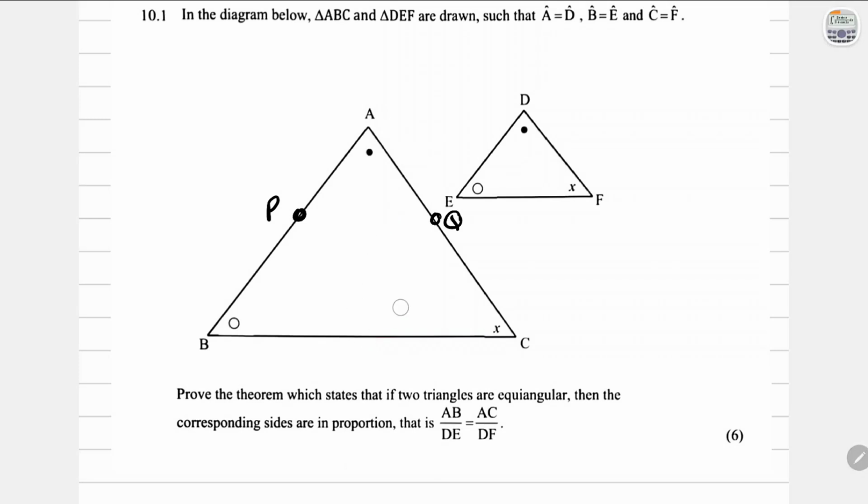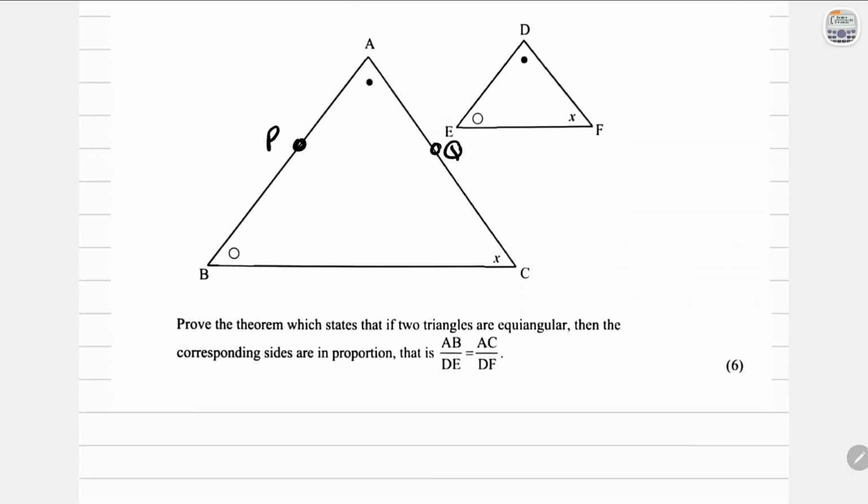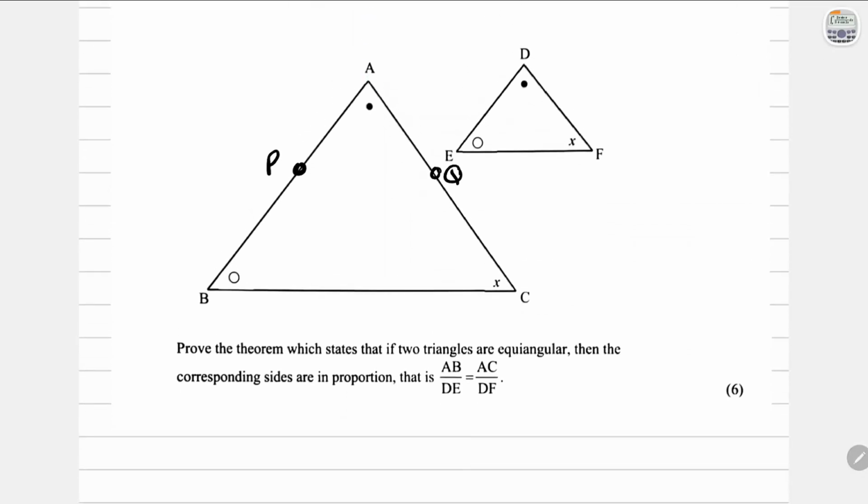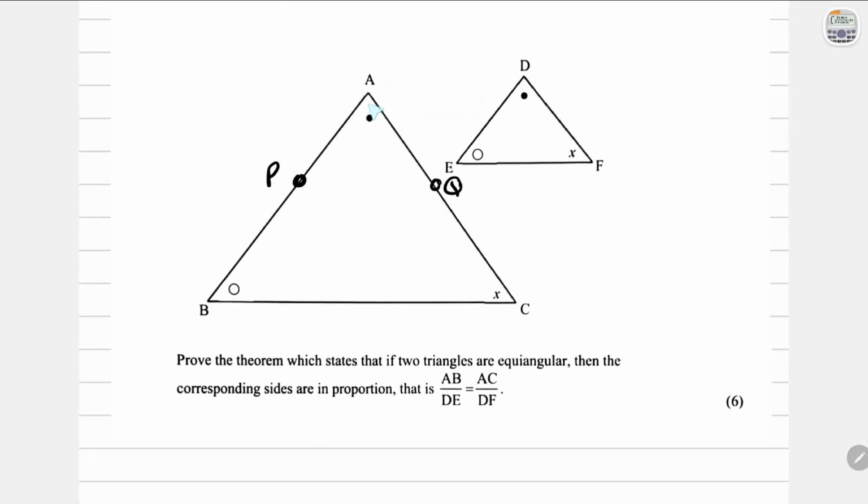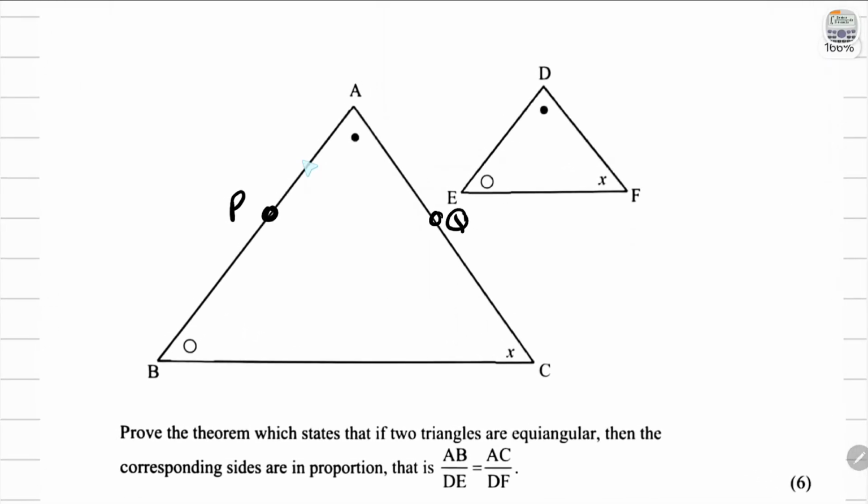So the first thing we're going to do is we're going to put down these points. We're putting it in a way that these two are equal. So we are drawing down point P on AB in such a way that AP is exactly the same length as DE.